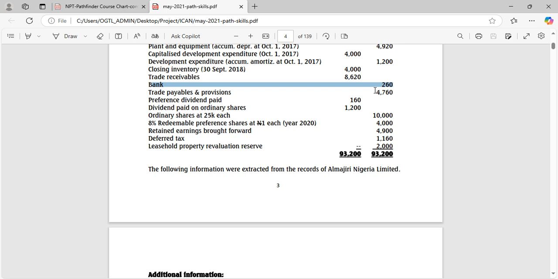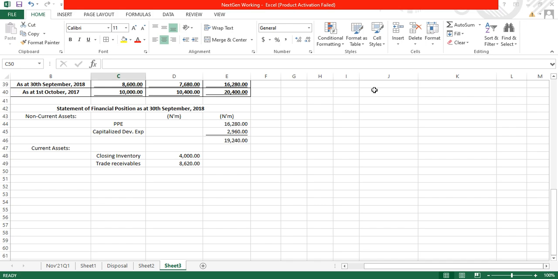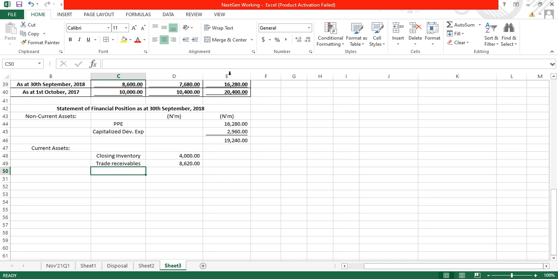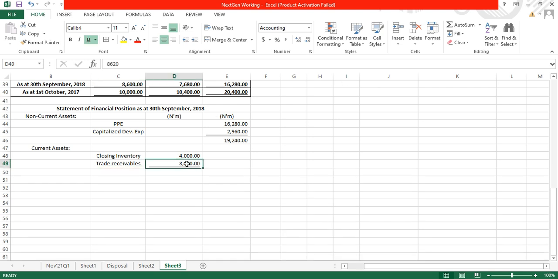That's our bank overdraft. So any other current assets? None. Okay. You know that I can deduct my current liability from my current asset, and I can deduct my current liability from my total asset. Do you know that?